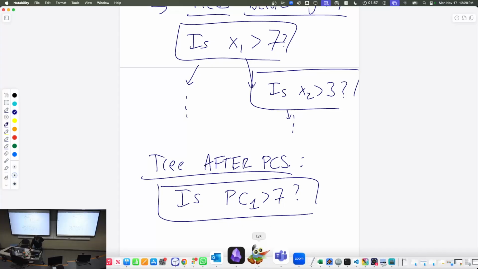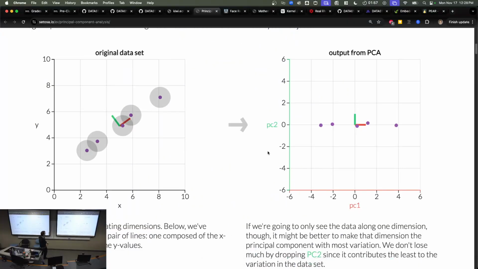Going back to this picture, if I can only ask about the x's and the y's, it's hard to figure things out. For example, let's say I want to figure out if you're above the line or below the line. I would like to draw a diagonal line and say above or below. In the original space, if I can only ask about x and y, it's impossibly difficult.